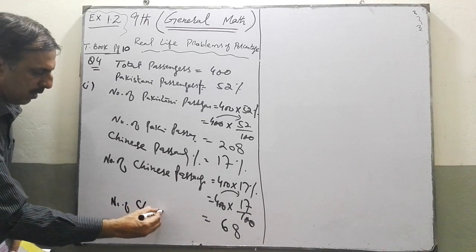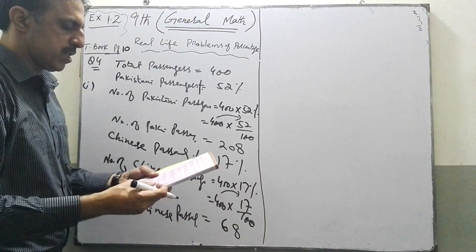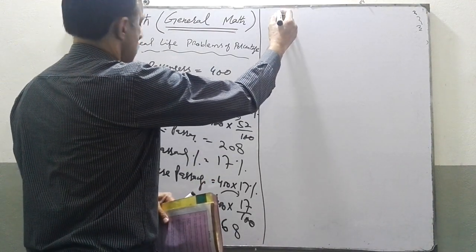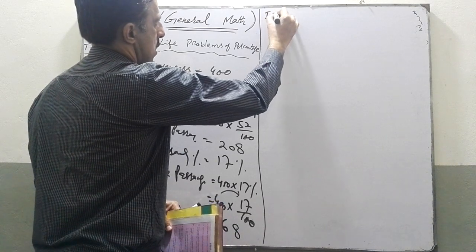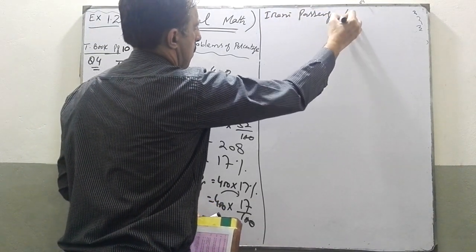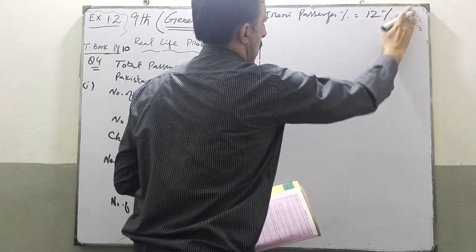The number of Chinese passengers. Now next percentage is given, 12% Irani passengers. Irani passengers percentage is 12%.